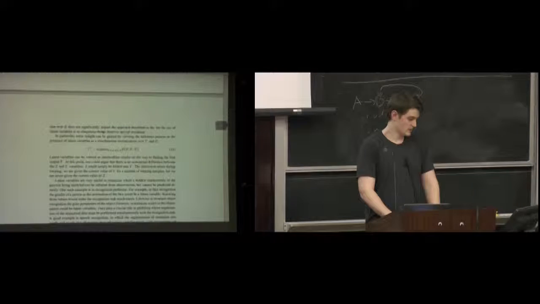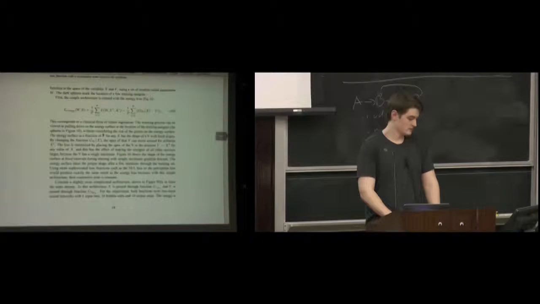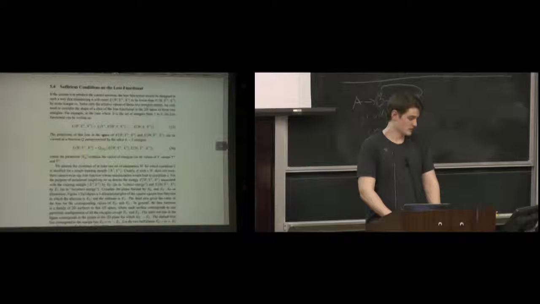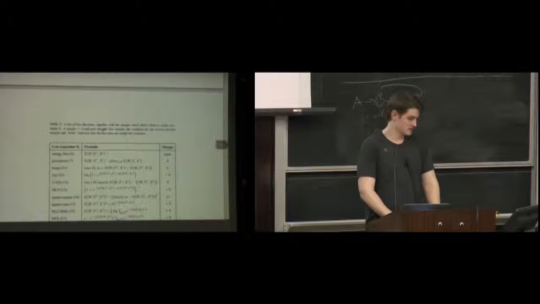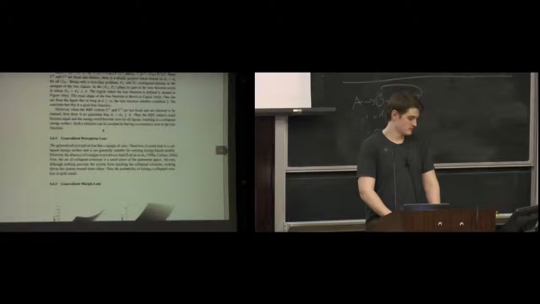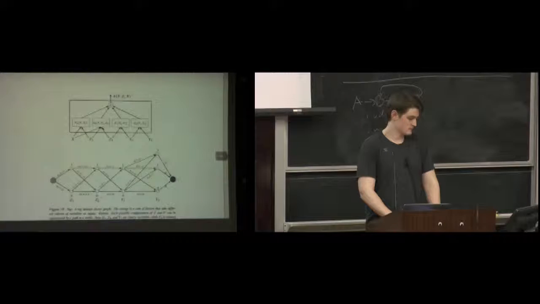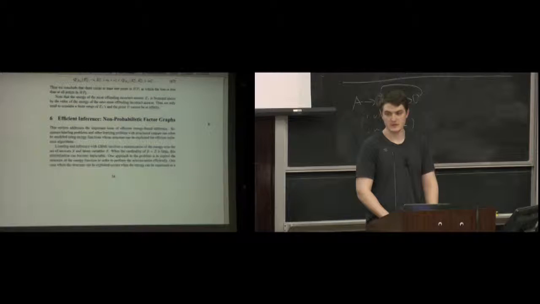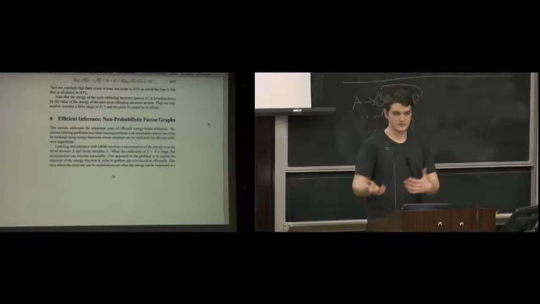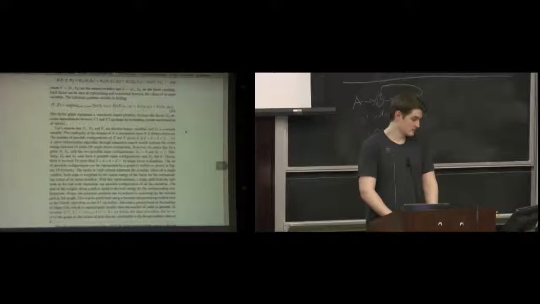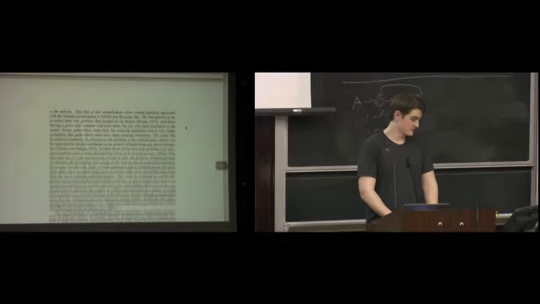Or you can even go further and you'll see other more complex models being expressed in this. So non-probabilistic factor graphs, which sounds like something you could only use for neural networks, but you can also express graphical models in this framework.